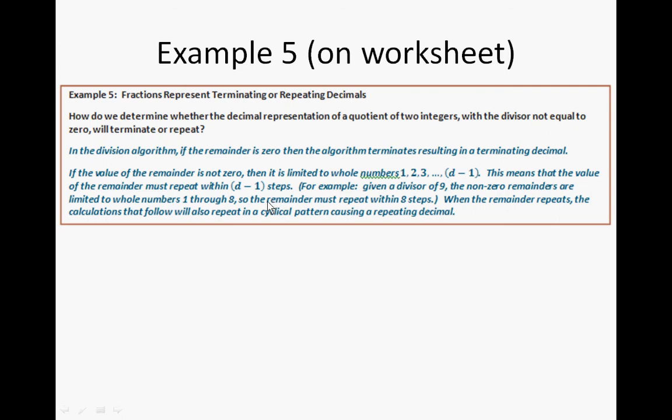So again, with 7, it has to repeat within 7 minus 1, or 6 steps. Given a divisor of 9, the non-zero remainders are limited to the whole numbers 1 through 8. So the remainder must repeat within 8 steps. Well, it obviously repeats sooner than that. When the remainder repeats, the calculations that follow will also repeat in a cyclical pattern, causing a repeating decimal.